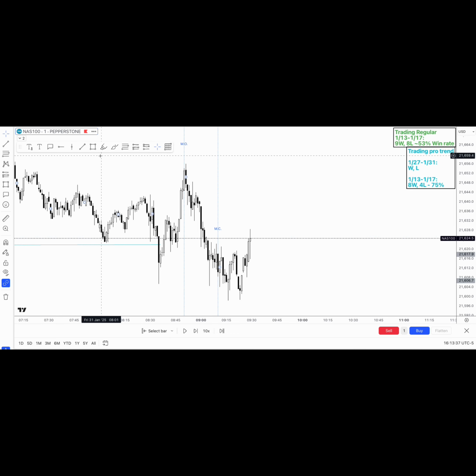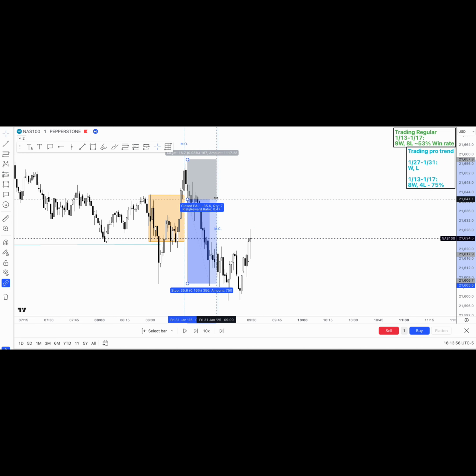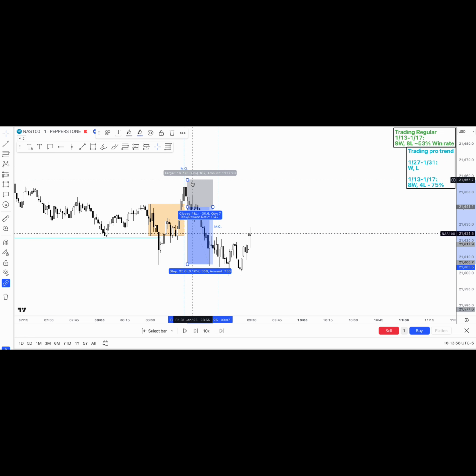If anything, it looks like it could be a loss here if we would have taken this. So yeah, this would have been a loss. Mark that up as a valid loss.